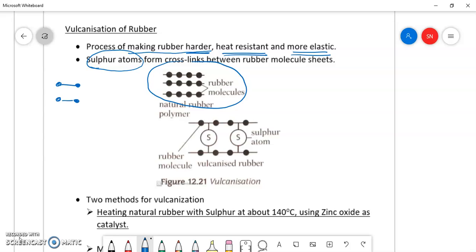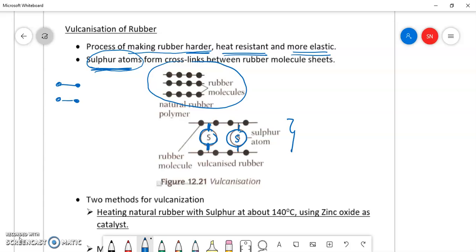But in natural form, it is too weak. If you stretch too hard, it will break or deform permanently. So to prevent this, we add in sulfur atoms. When sulfur atoms are added in, they form a link between the two planes of the rubber molecules.